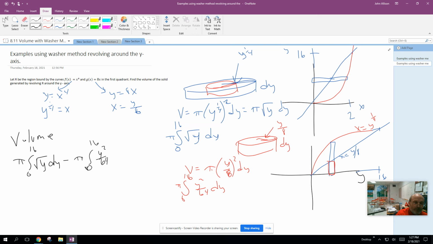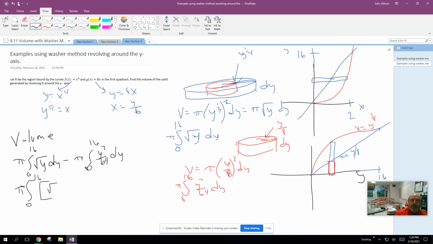You could bring that 1 over 64 out also. If I like the formula better, I'll just do pi times the integral from 0 to 16 of my top function, which is the square root of y squared.